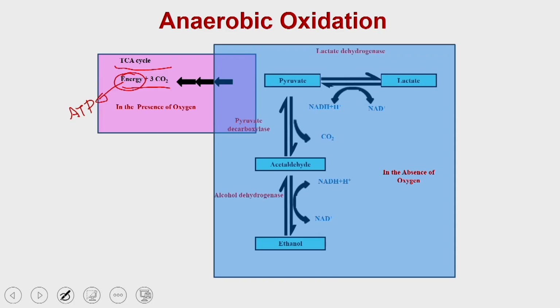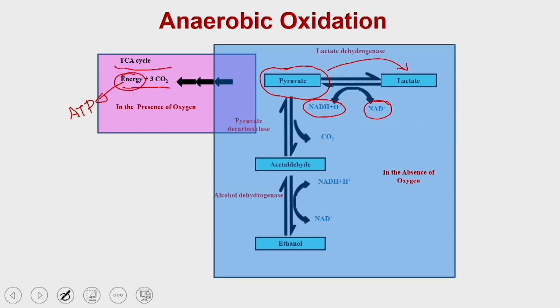But once oxygen is not present, the pyruvate generated from glycolysis is channelized into 2 different pathways. In one pathway, it is converted into lactate, and in this process the NADH generated by the cell is utilized to generate NAD plus.